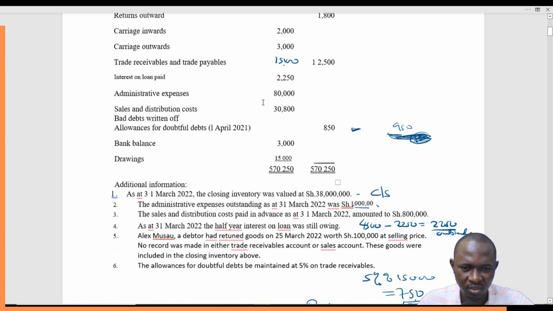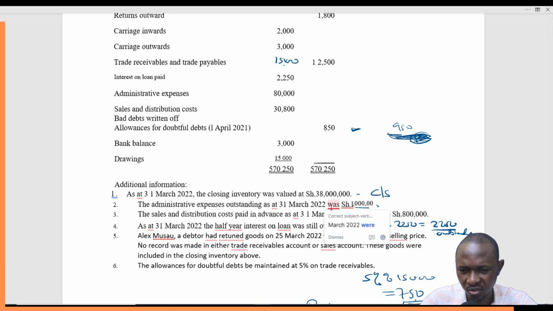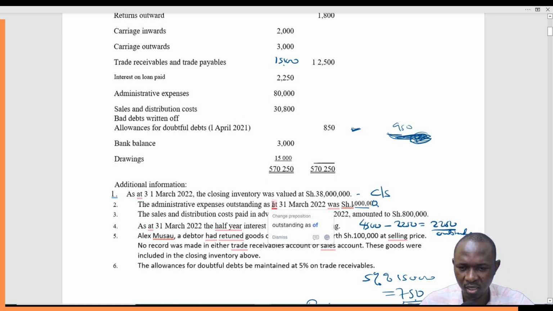Now we continue. Administrative expenses 80,000, and there is note 2. Administrative expenses outstanding as at 31st March 2022, at the end of the year, was 1 million. Sorry, there's an additional 0 here. So this means administrative expenses 80,000, outstanding is 1,000.